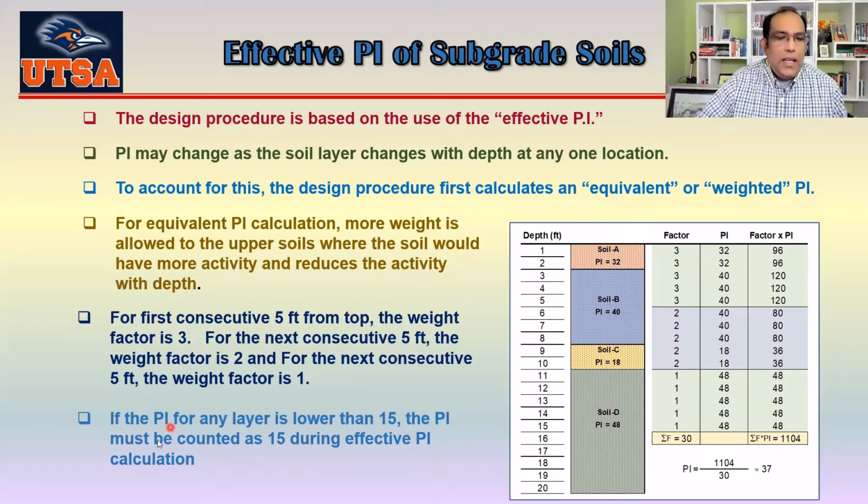But before that, you have to remember one thing: for a particular soil layer, if the PI is less than 15, then this method suggests that you have to consider at least 15 for any intermediate layers which have a PI less than 15. So in this method, 15 is the lowest PI you can consider. Okay, now let's move forward.